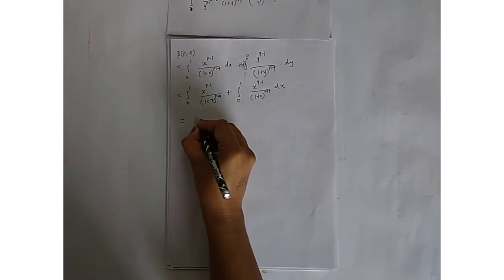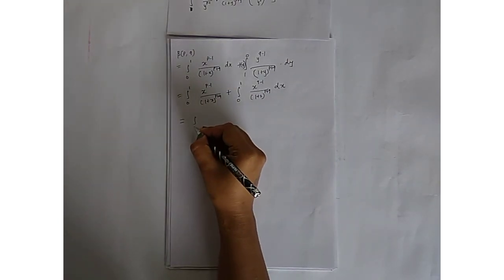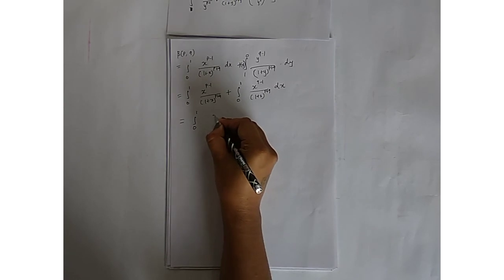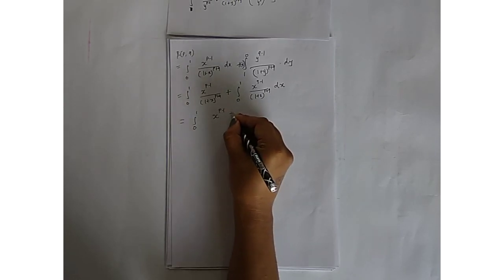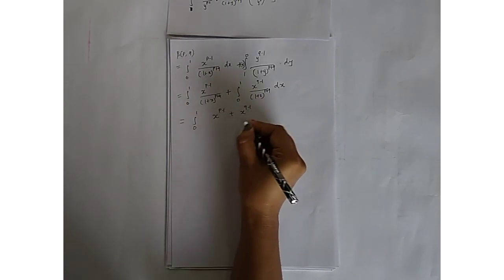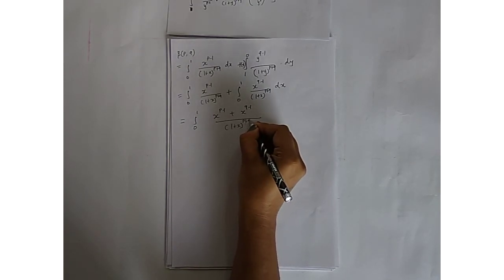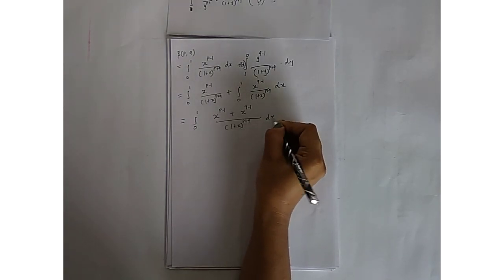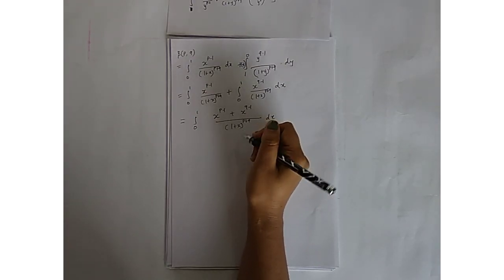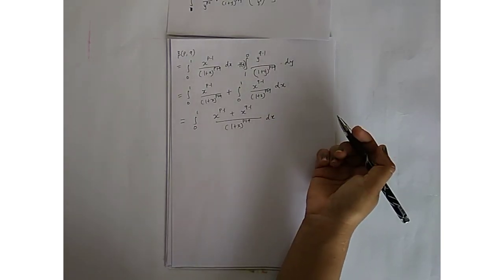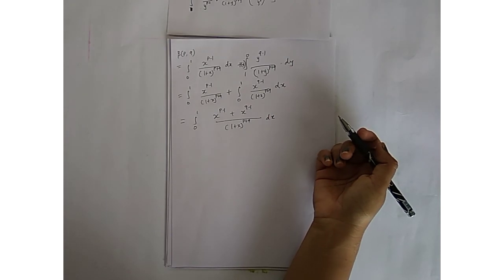So add these two integrations, it will become 0 to 1 of (x^(p-1) + x^(q-1)) upon (1 + x)^(p+q) dx. This is another form of beta function.